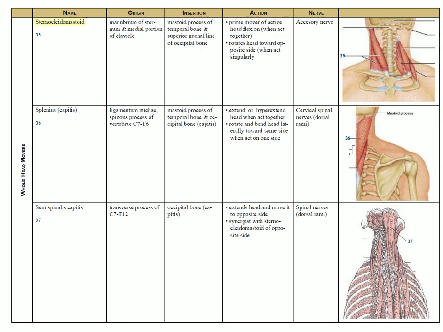Okay. Whole head movers. So the SCM, or the sternocleidomastoid, that's the only one I want you to know here. That is the whole head mover. SCM for short. Sternocleidomastoid helps you turn your head, but it works opposite of what you would think.